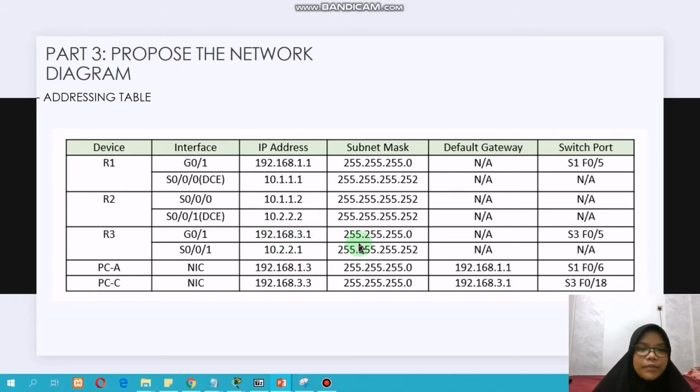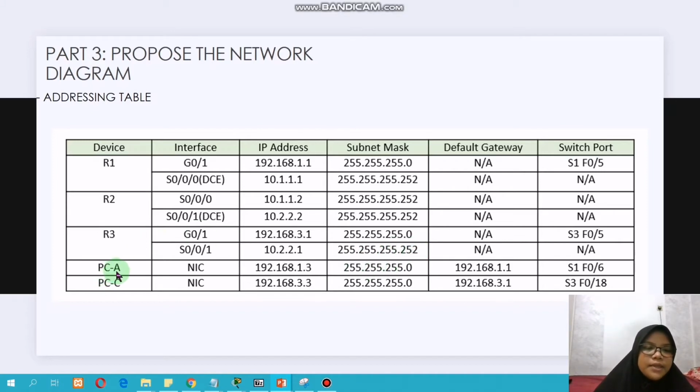For router 3, interface G0/1 has IP address 192.168.3.1 and the subnet mask is 255.255.255.0, and the switch port connecting R3 to switch 3 is F0/5. Router interface S0/0/1 has IP address 10.2.2.1 and the subnet mask is 255.255.255.252.